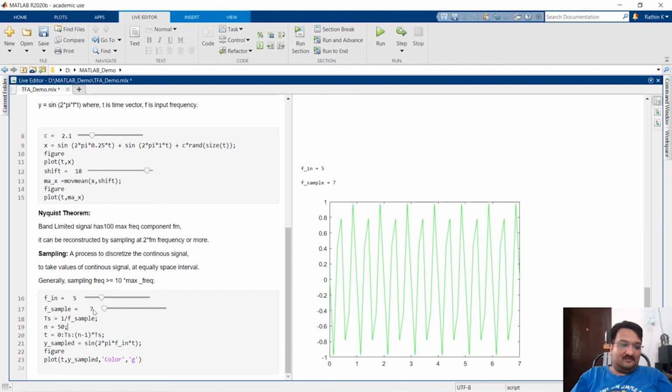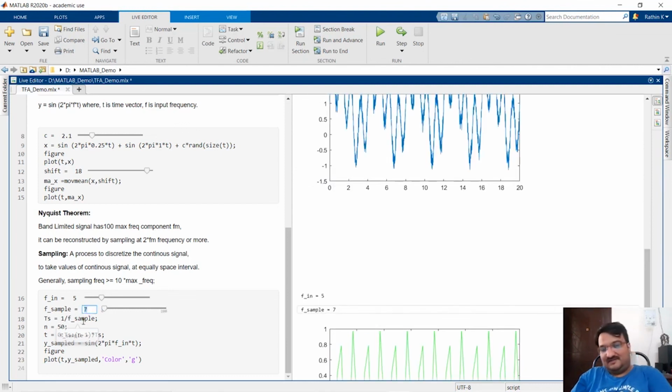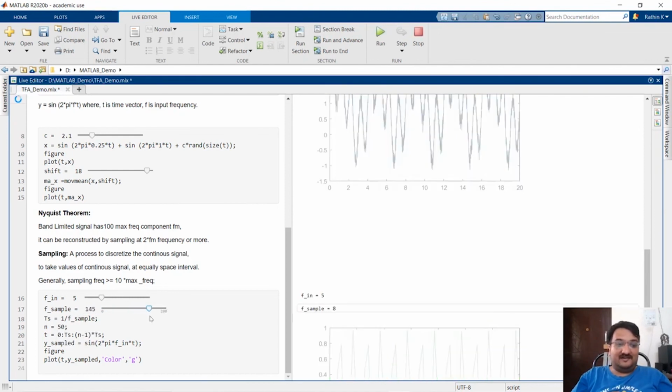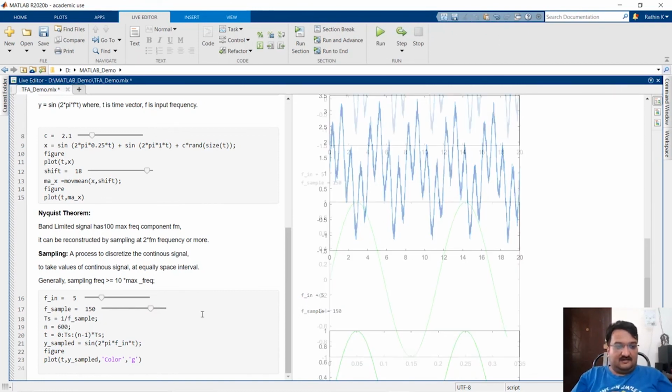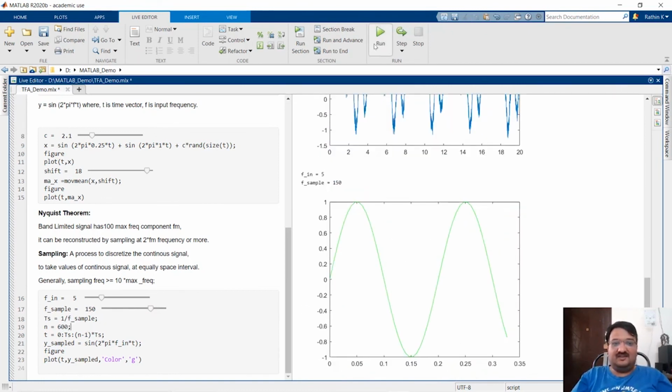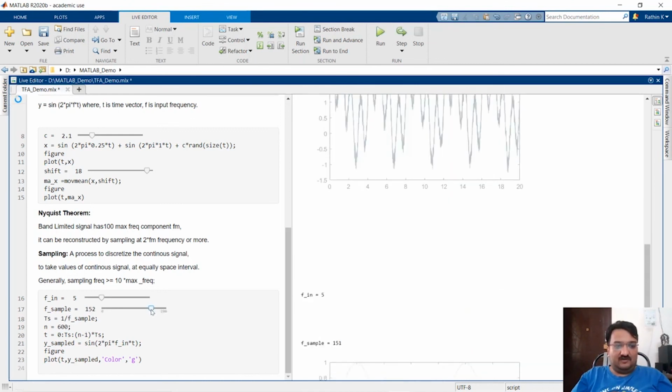So the moral of the story, the idea of this illustration, is to give you an idea. The higher the sampling frequency, let's keep it around 150, you will get a very nice waveform, but in this case you need to increase the number of samples to see a better visualization and more repetitions.